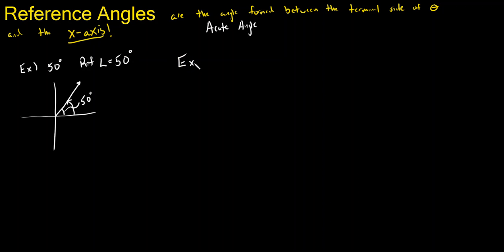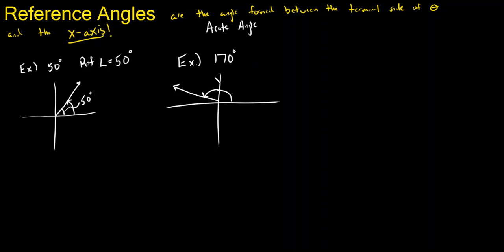Let's say we went to a different quadrant, though. Let's say I want to know the reference angle for 170 degrees. If I draw this angle in standard position, I go past 90 degrees, but remember this is 180, so I'm not going all the way. This whole angle is 170 degrees.